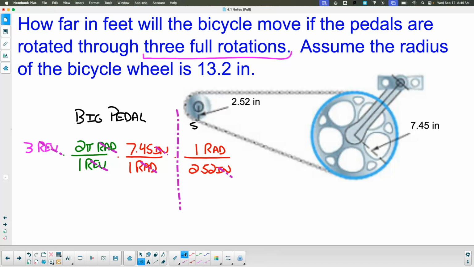Now I'm on the small sprocket. And I have how many angles or how many radians that this one spun. Correct? Okay.